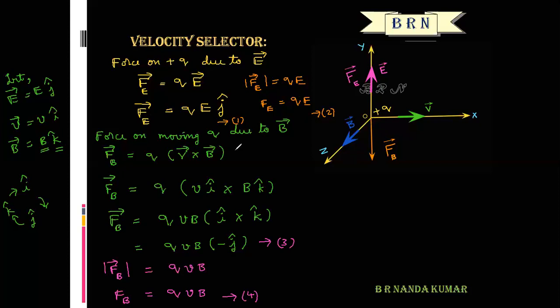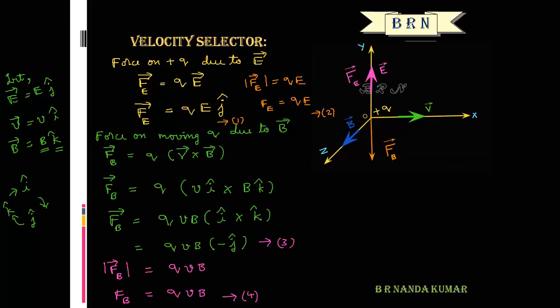FE vector is along positive y-axis, and the direction of FE vector is the same as the direction of electric field. The magnitude of the force due to the magnetic field is QVB.